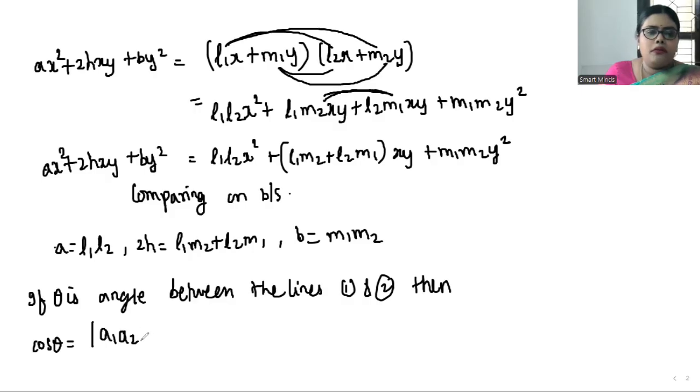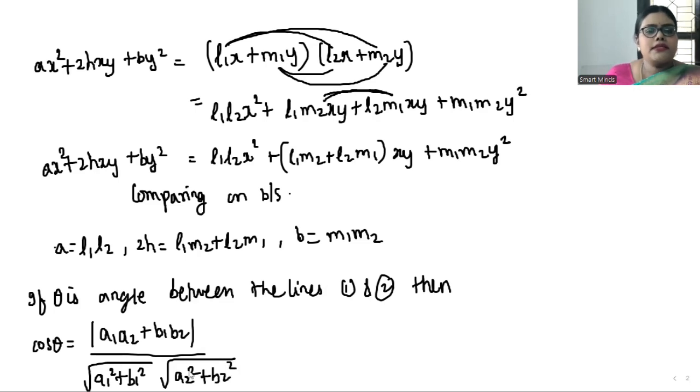Mod a1 a2 plus b1 b2 by root over a1 square plus b1 square root over a2 square plus b2 square. This is the formula for angle between the lines. Always note, in most of the problems, nearly 4 to 5 theorems, till here it is the same. So till here you practice perfectly. And after this, it will vary from problem to problem.